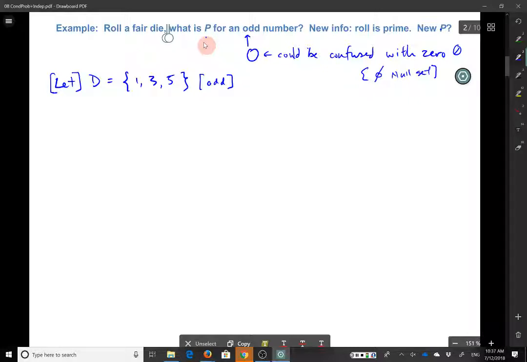Remember that the probability is the number in D, or in that set, those events, divided by the sample space, or omega. And so clearly, 1, 3, 5, there's 3 of them, and then the sample space is 6. So it's 1/2 or 0.5.